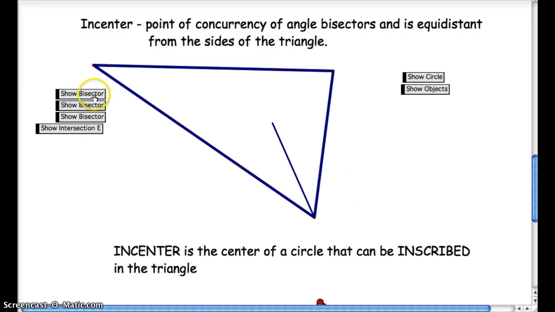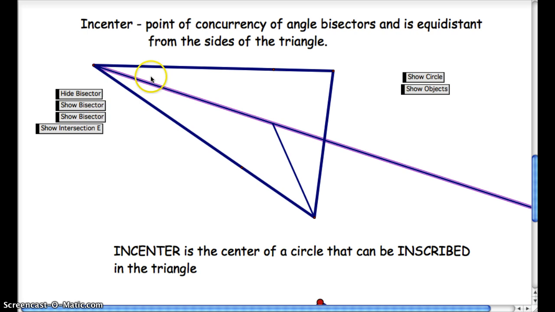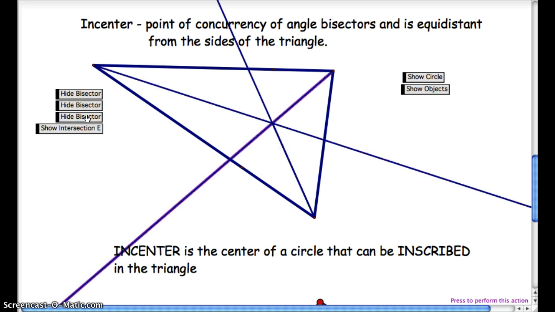But we're going from the angle bisector now. So we're going from the vertices, and we're drawing lines out of the vertices to create point E. So our point E is our incenter. And the incenter is equidistant from the sides of the triangle.